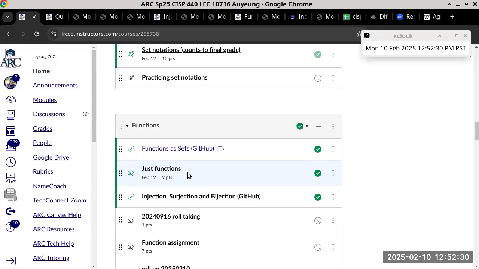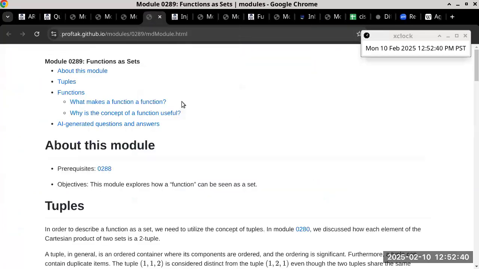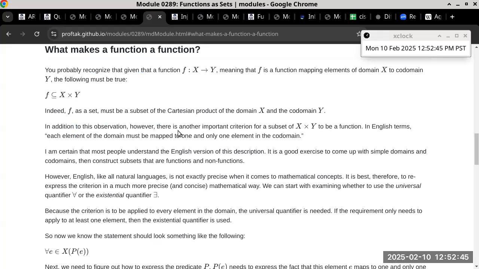Okay. All right. So we are basically done with functions as sets. But I am going to reopen this tab here just to make sure that all the concepts are cleared, particularly the last one, which is what makes a function a function. So the first thing that makes a function, if f needs to be a function, the first criterion is it has to be a subset of the Cartesian product between X, which is the intended domain, and Y, which is the intended codomain.